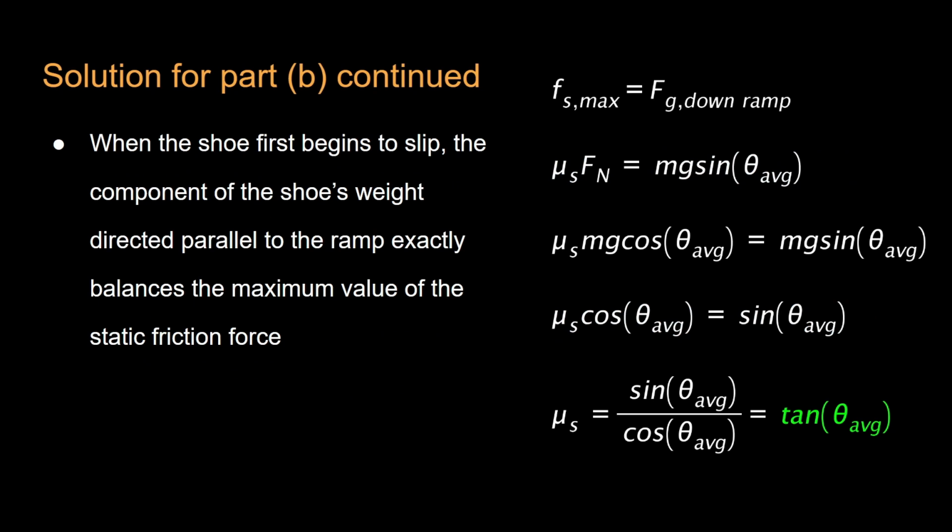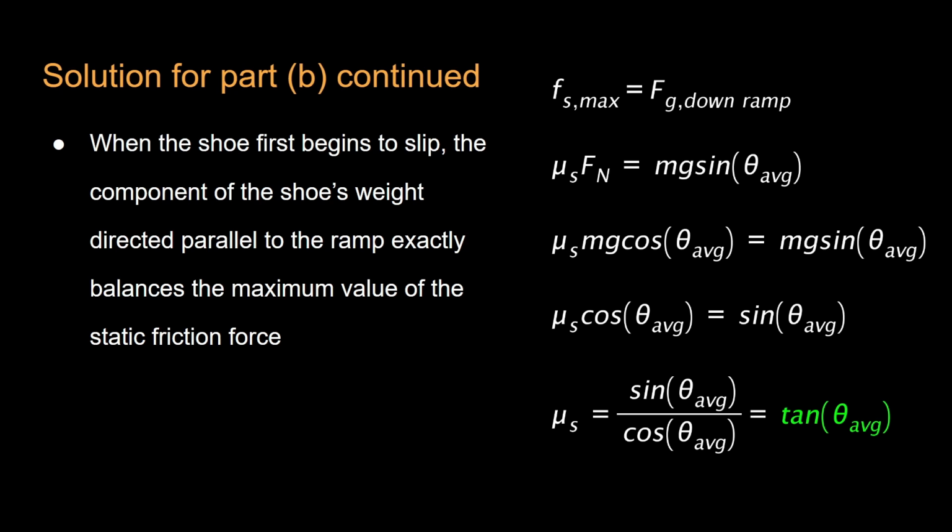And then for the actual derivation of this, showing that this experiment will work, it's all based on force balancing. So when the shoe first begins to slip, the down the ramp weight force has to be equal to static friction's maximum value. So it means static friction can no longer compete with the down the ramp force. So we just set up that the max value of static friction is equal to the force of gravity down the ramp.